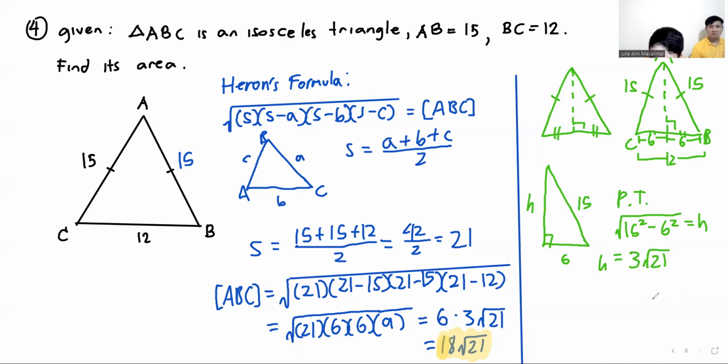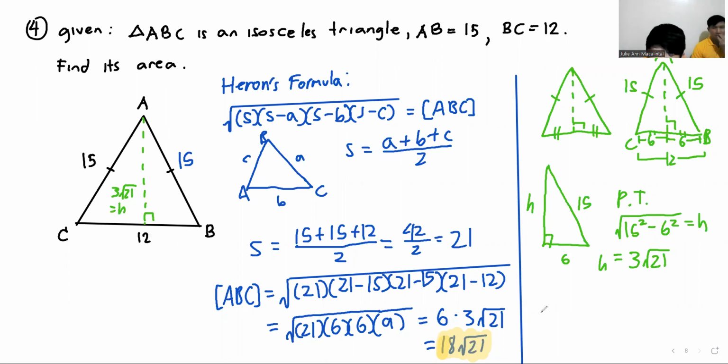There's already a square root of 21, which is promising. This is the altitude, and the height is 3 square root of 21, equal to h.